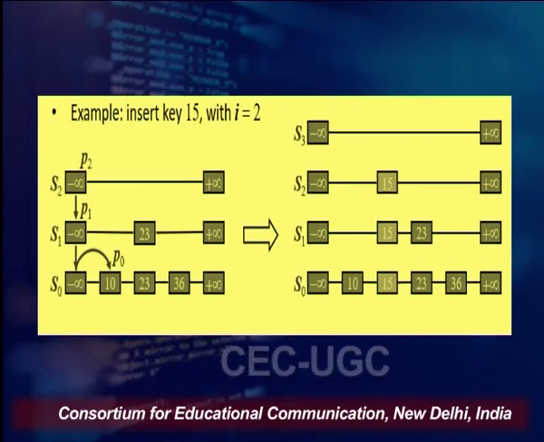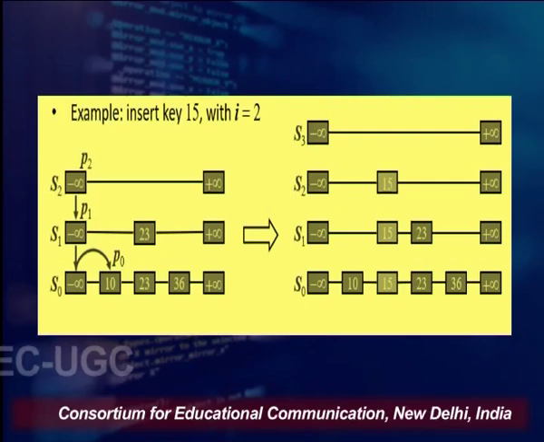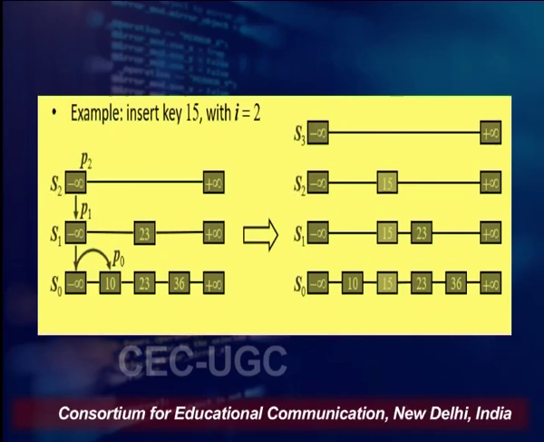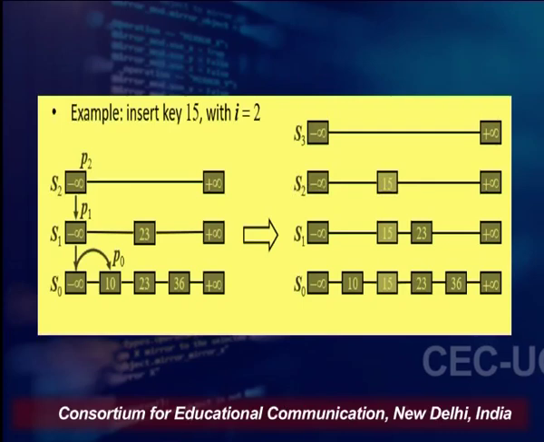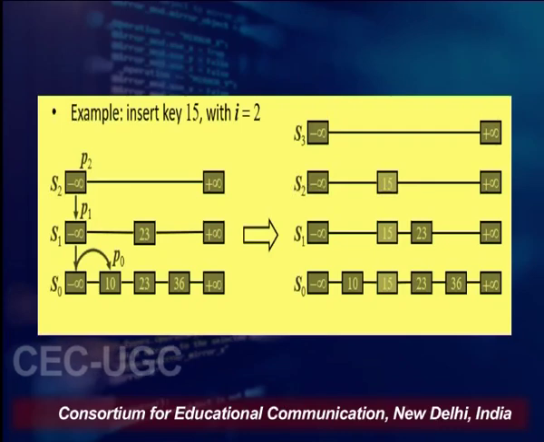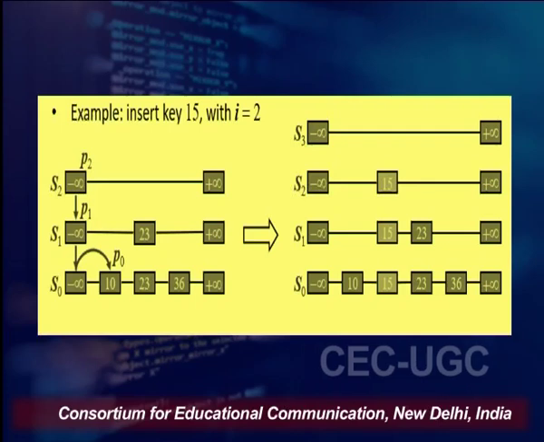So, that means we need not go till 23, we will stop before it, we will come down, and after coming down and going in the forward direction, I have got 10, and then there is 23. So, this is the place, after 10 and before 23, that is the right place for the key 15 to be inserted.